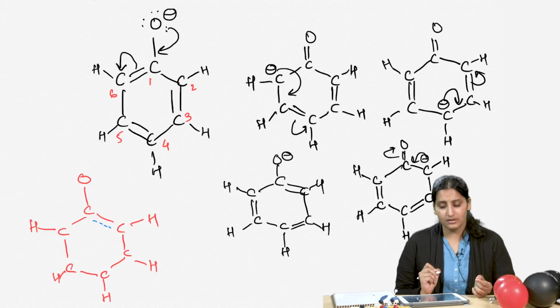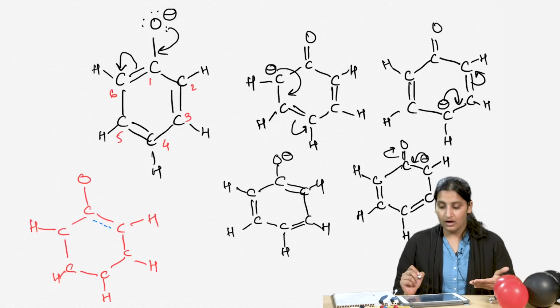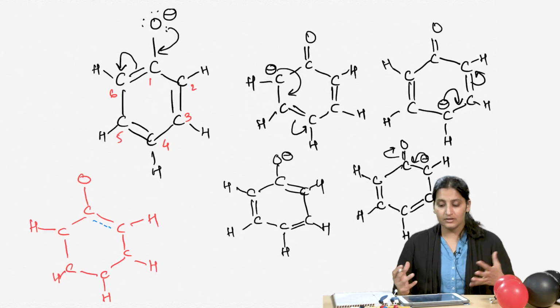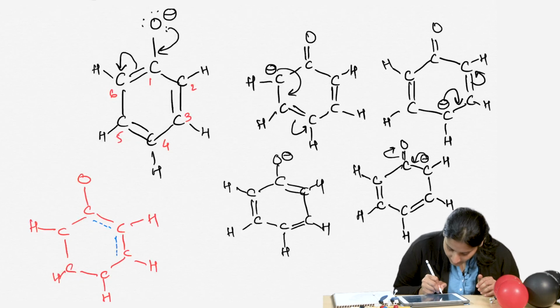Same goes for the double bonds between carbon 2 and 3. For example, in the first structure there is a double bond, in the second structure there is a double bond, but it does not exist in the third and fourth structure, and so on.